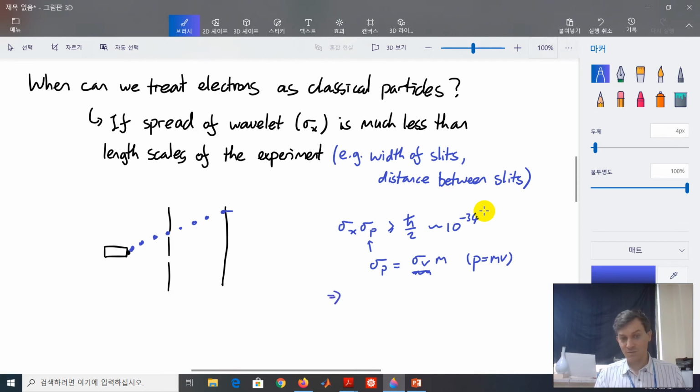So we can rewrite Heisenberg's uncertainty principle as uncertainty in position times uncertainty in velocity should be greater than h bar over 2m, and for the electron, m is about 10 to the minus 30 kilograms. So this gives you an uncertainty of 10 to the minus 4 in units of meters per second.